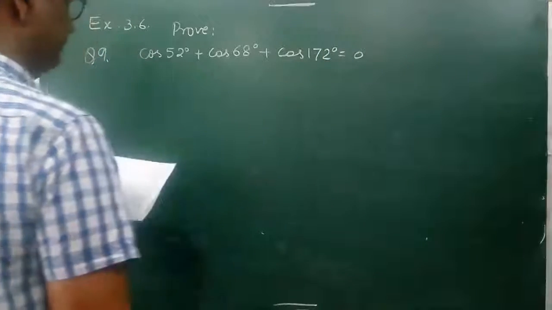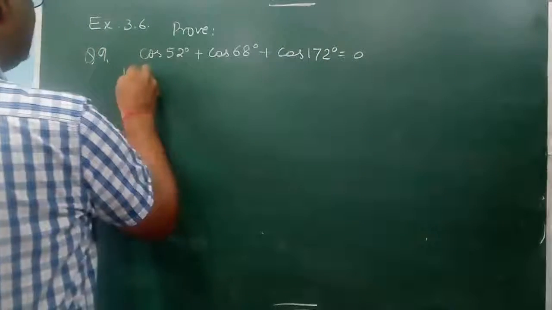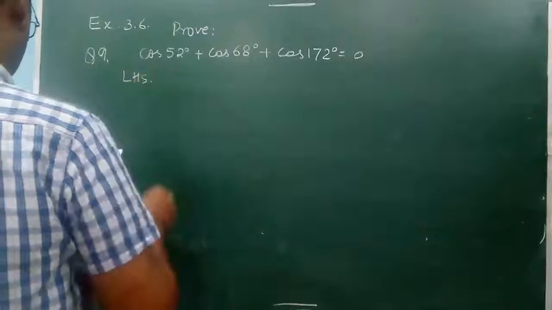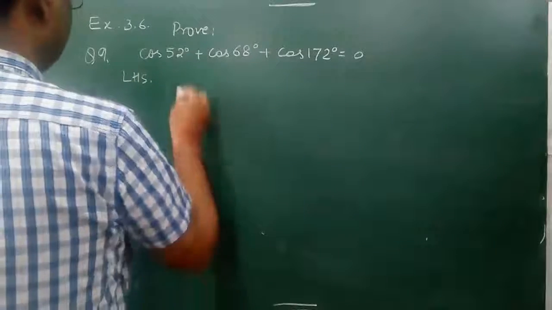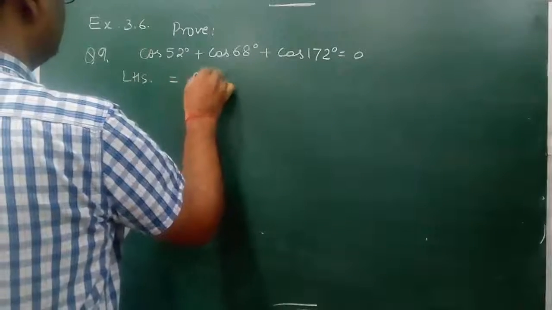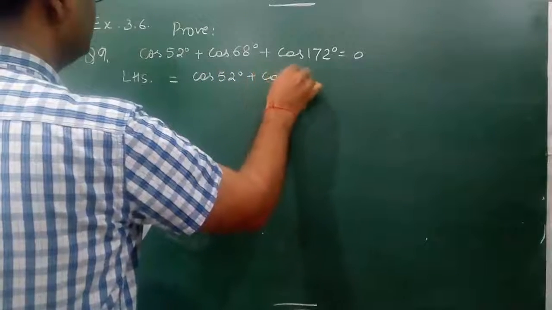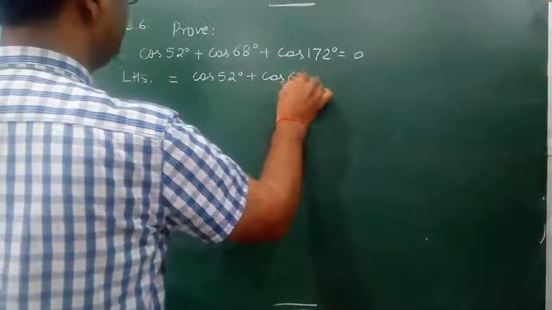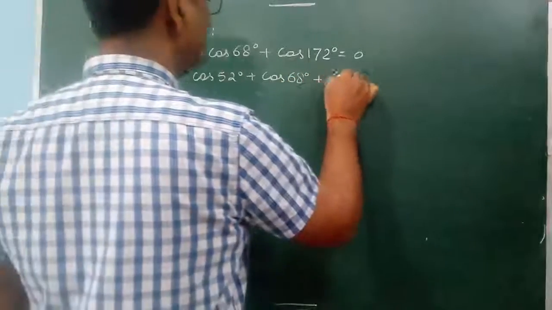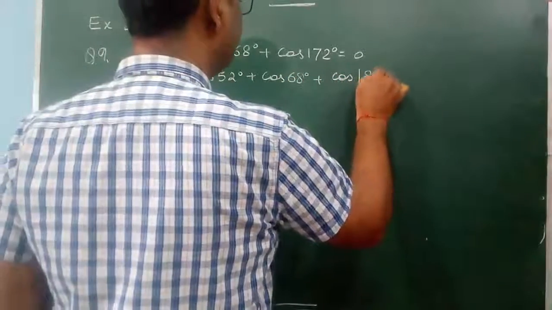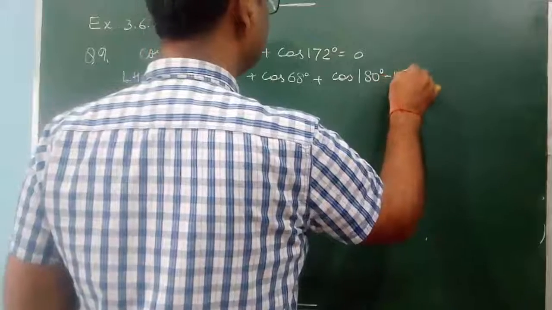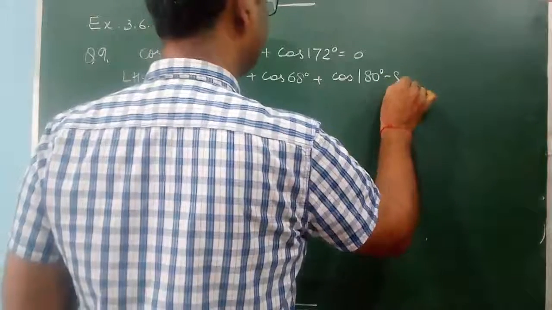This we have to prove. Now we can take LHS. This is equal to cos 52 degree plus cos 68 degree, and this we can write as cos (180 minus 8 degree).